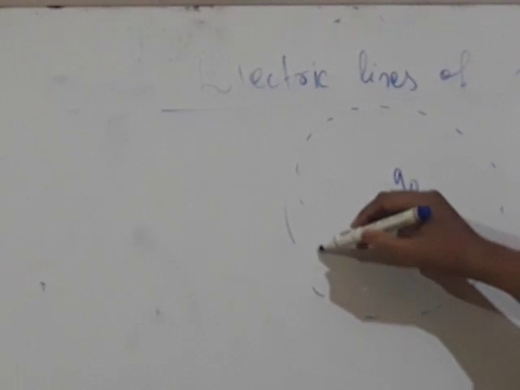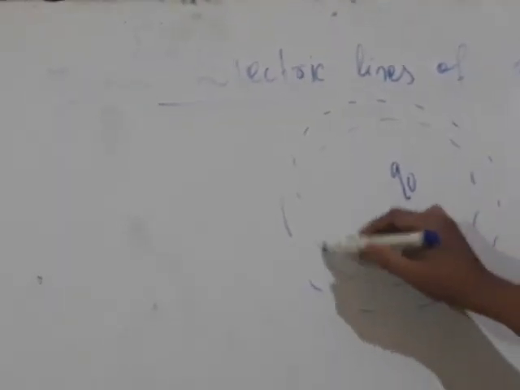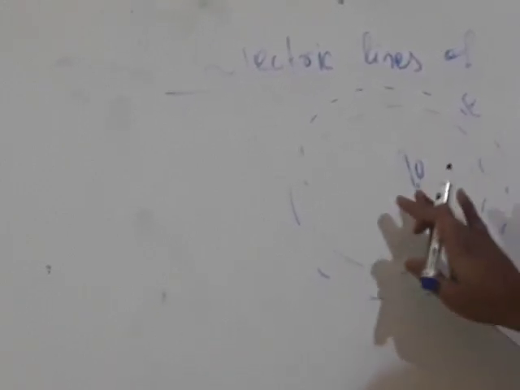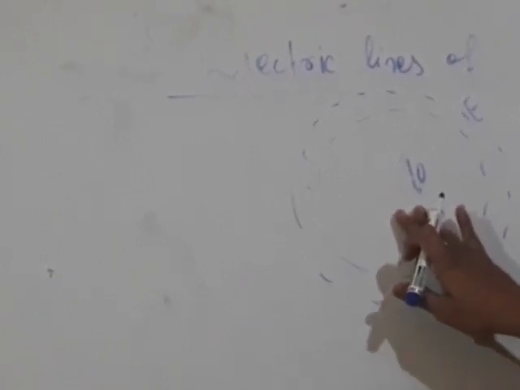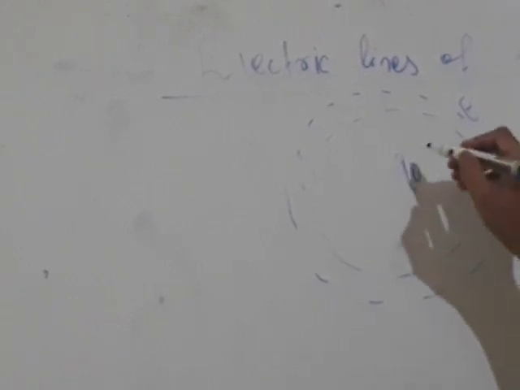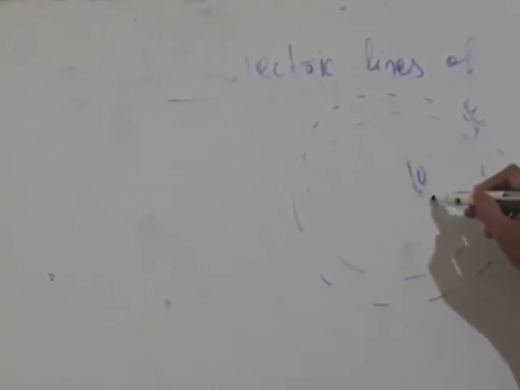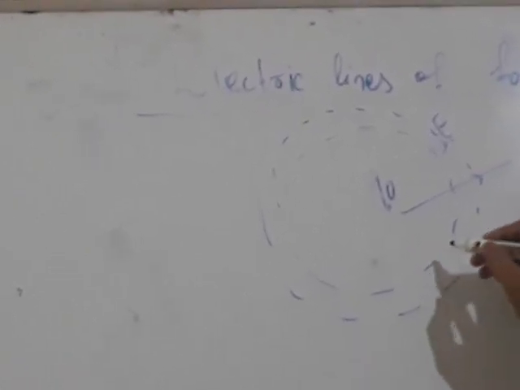Suppose this region is an electric field, and within this region we take a test charge q0. The path along which q0 travels is known as lines of force.